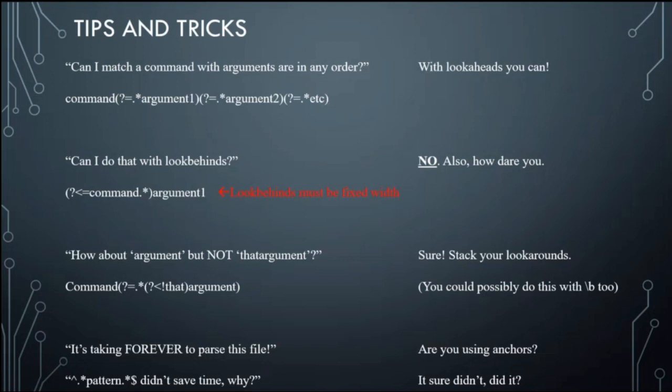Maybe that would have been better explained with a visual guide. But just know that the negative look behind there is only not going to match on that argument. Everything else is going to be fair game, so long as argument is somewhere after command. It will match.